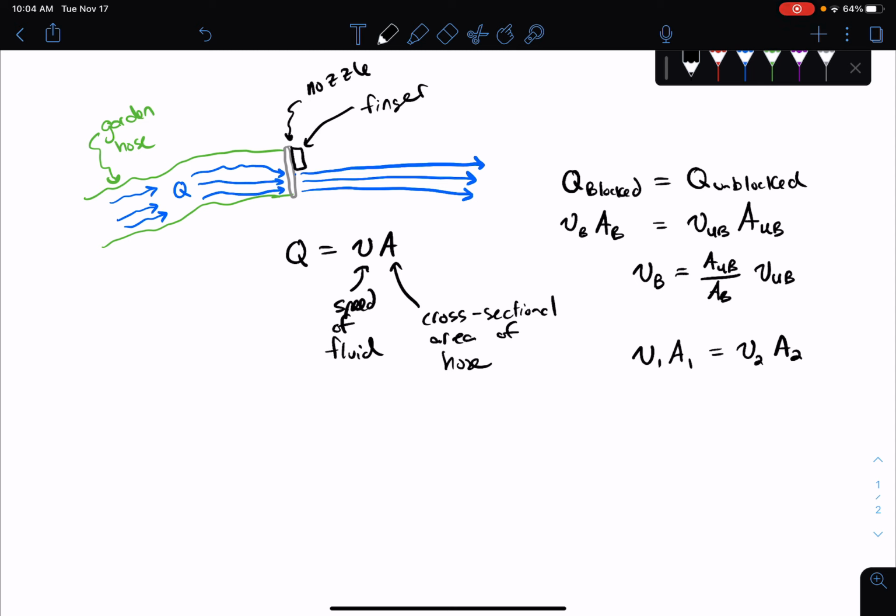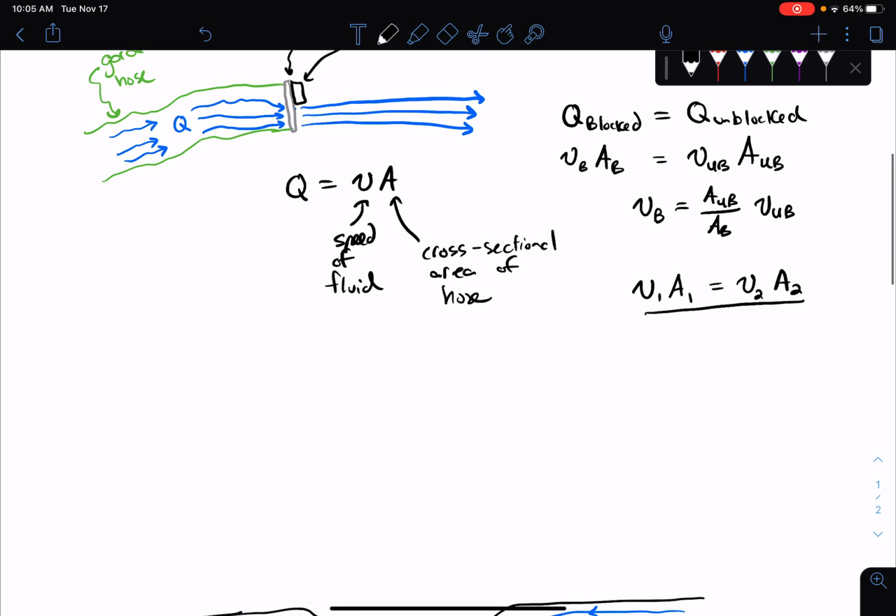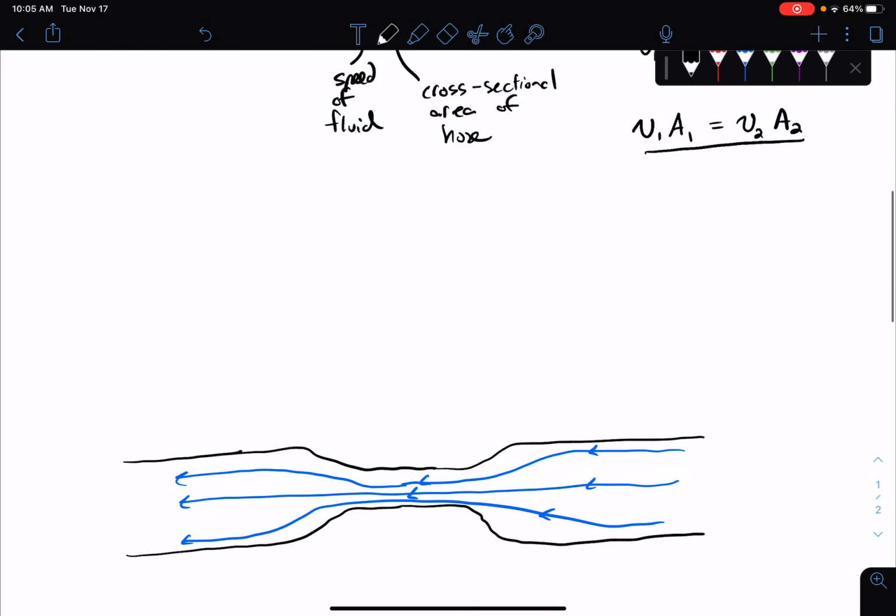And it says that if you've got a pipe and you've got 2 points, 1 and 2, the speed multiplied by the cross-sectional area of the pipe is the same. That quantity is the same for those 2 points. Now, it might be that in some spots along the way the area is smaller. That means the speed is higher, and vice versa. It might be that there are some points along the way where the area is larger, and thus the speed would be lower.